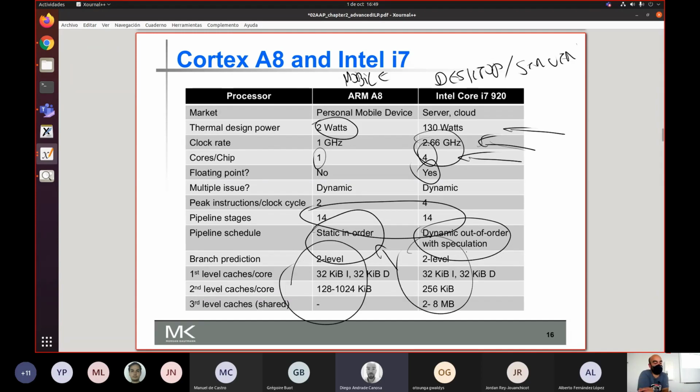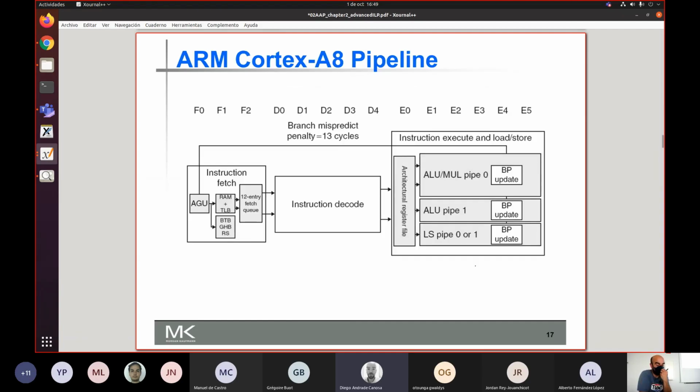Okay, so the first processor, the mobile one, this is a simplified overview of the pipeline of the processor. So you find here the instruction fetch stage, instruction decode. Remember that we have a pipeline with 14 stages of execution.